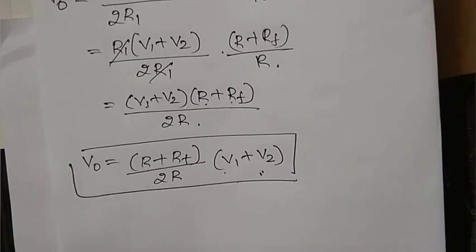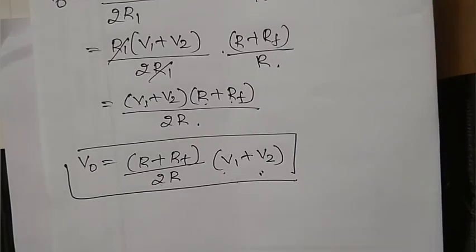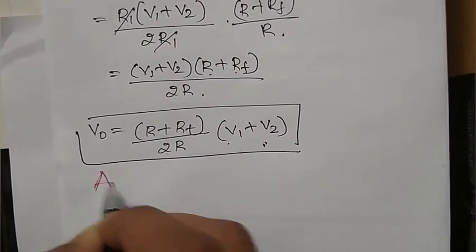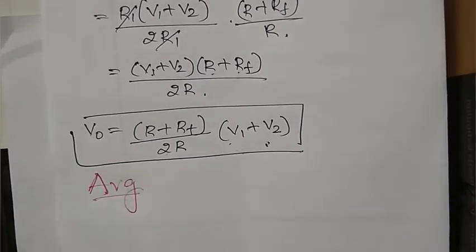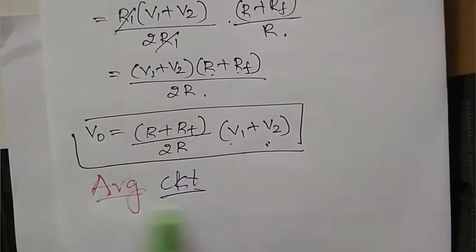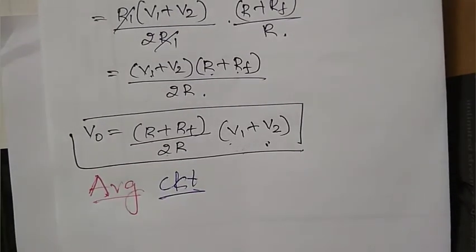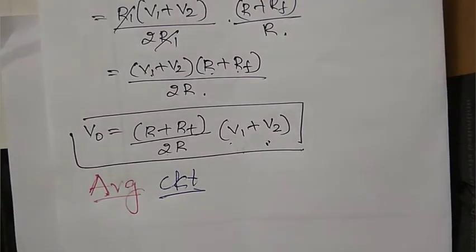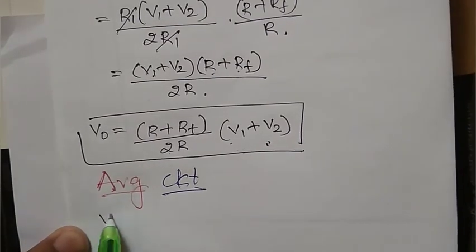And here there is another concept, another word we use, that is the average. That is the average circuit. How to describe the average circuit? In this inverting one, we have the values of RF, R1 and R2. So let me consider the inverting equation.